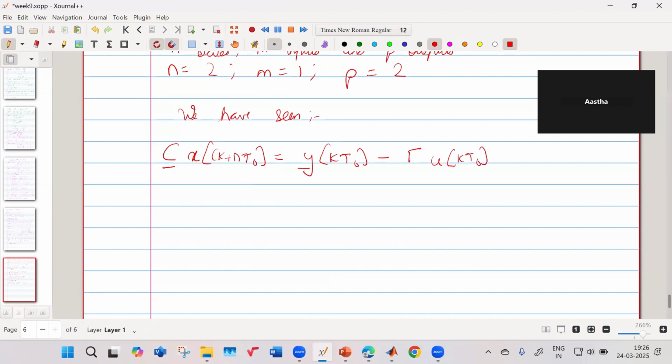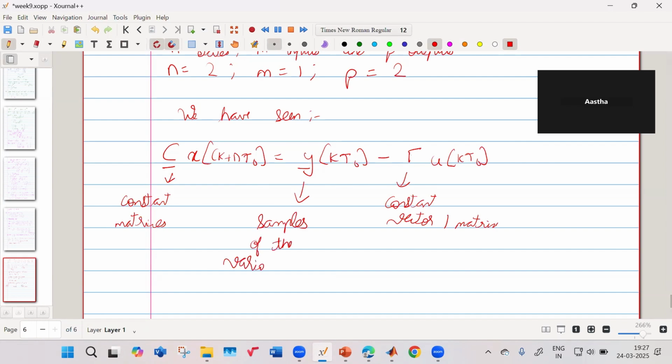So these are constant matrices, and this is also a constant vector or a constant matrix depending on the dimensions, depending on the number of inputs. And these are the samples of the various outputs which we have.